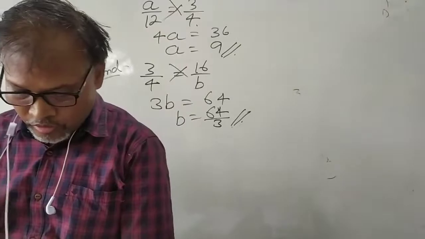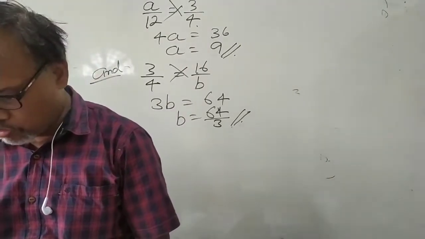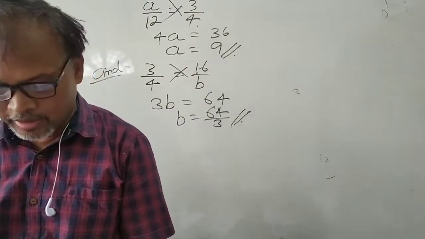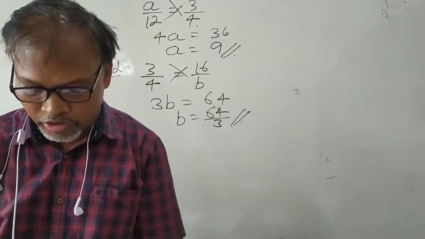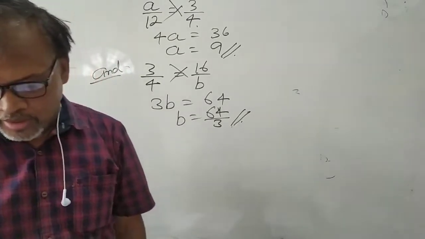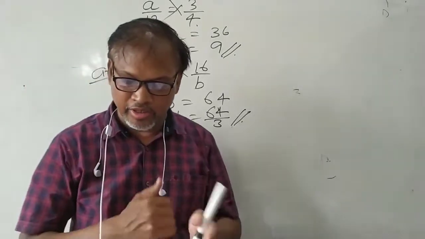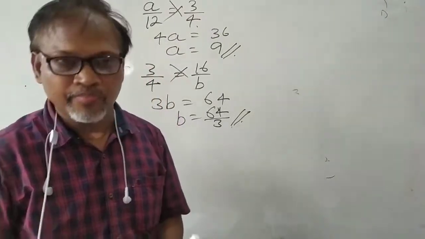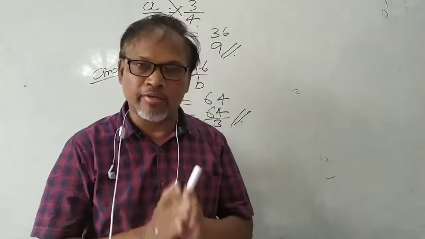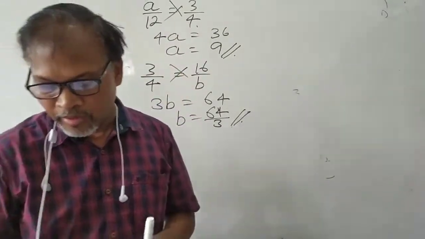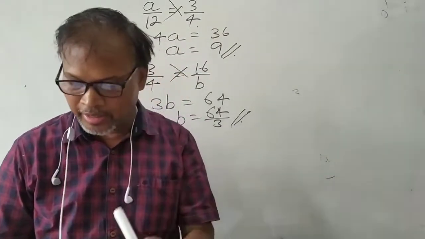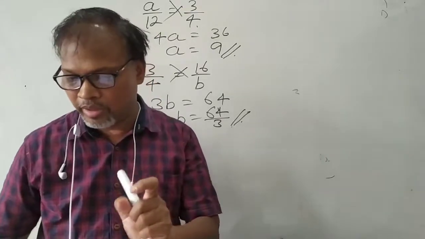Now, questions based on proportion and other things. There are some more questions that you have to do. If four quantities are in proportion, then find the value of the constant, like question number 8. But in questions 6 and 7, what number must be added to each of the numbers?